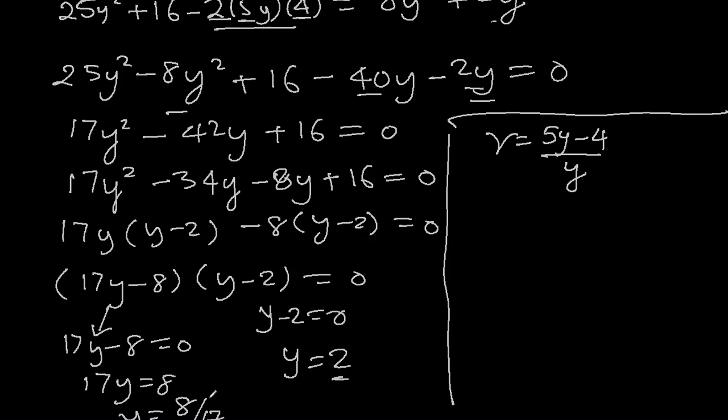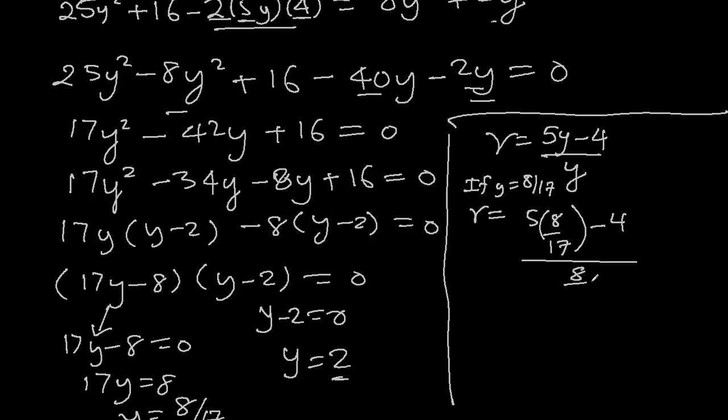Right. So let's use 8 over 17 first. So r, if y is 8 over 17, this will be what? 5 times 8 over 17 minus 4, over 8 over 17. So 17 times 4 is 68, and 40 minus 68 is minus 28 over 17.